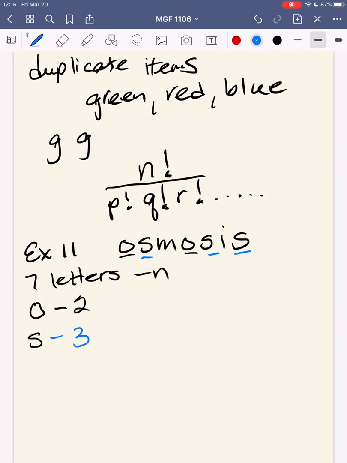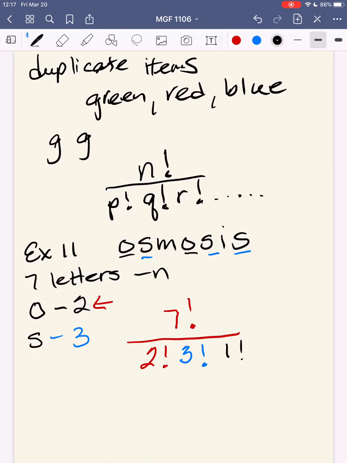Okay, so this is what it's going to look like. All right. I'm going to have my 7 factorial divided by, okay, I have duplicates of my 2, so we're only looking at duplicates, and duplicates of my 3. Okay, the rest of them I only have one choice. If you want to think of it as a 1 factorial, you can, but that's not going to change anything.